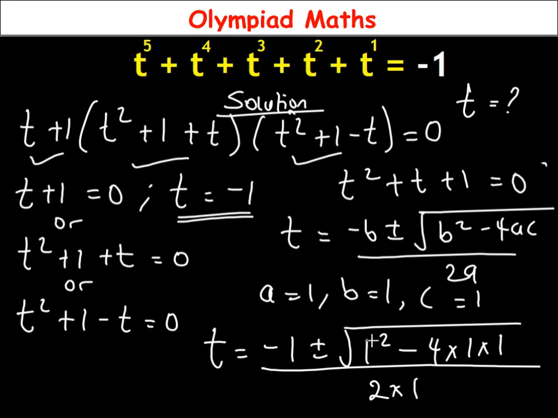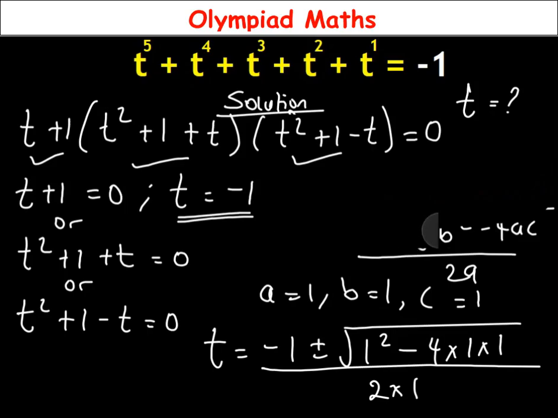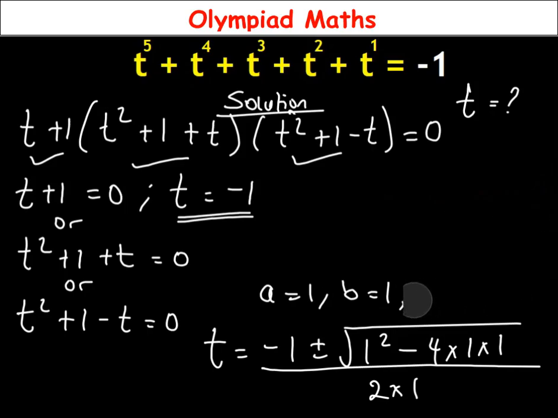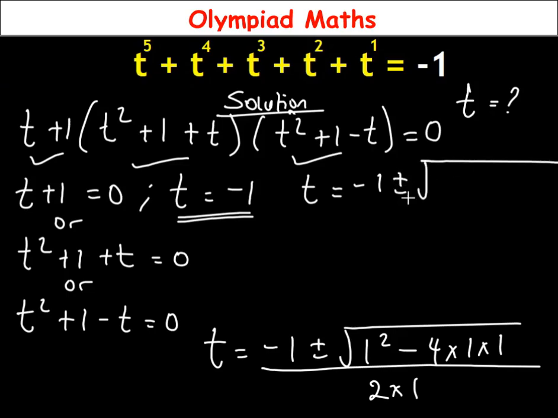Okay, so with this, we are going to have t is equal to minus 1 plus or minus square root of 1 squared is 1, so 1 minus 4 times 1 is 4, then all over 2. 2 times 1 is 2.